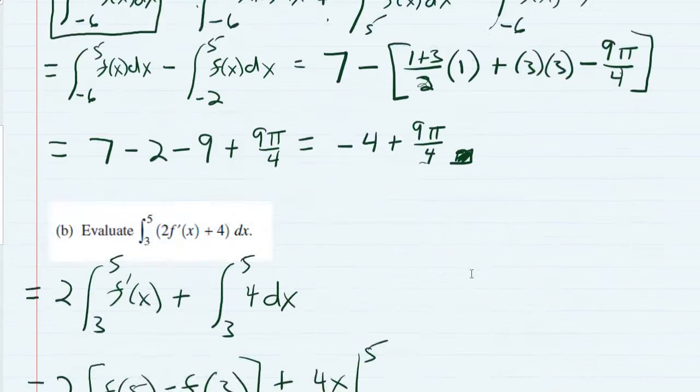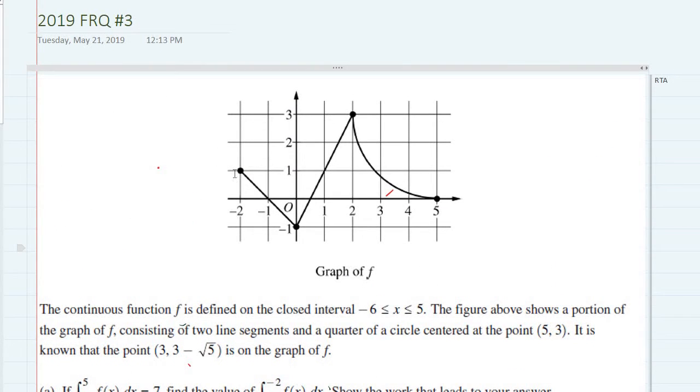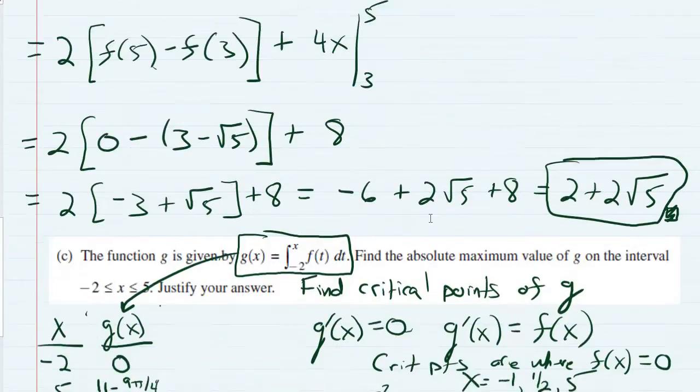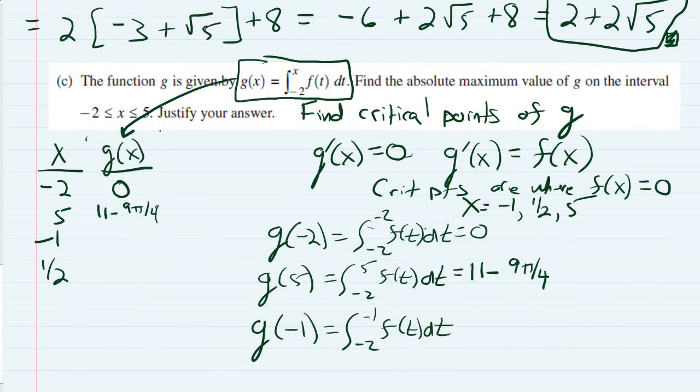Let's see, -2 to -1. Oh no, -2 to -1 is a positive 1/2, right? Base times height. So that's a positive 1/2 using geometry. It's just the area of that rectangle. So this is a 1/2.